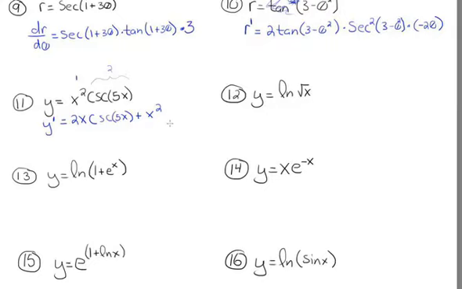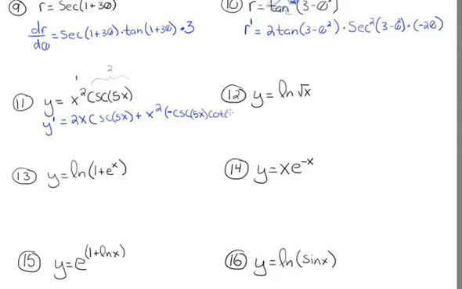And again, for me, I just remember it by knowing what is the derivative of secant. Secant is secant tangent, so cosecant is going to be negative cosecant cotangent 5x. Looks like I'm going to run out of room.